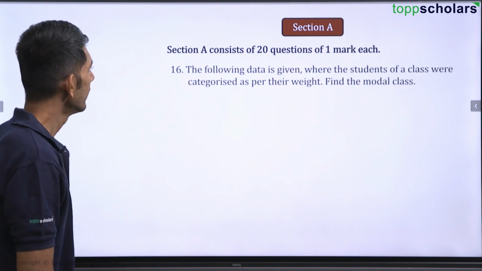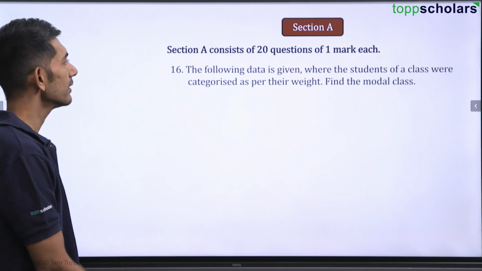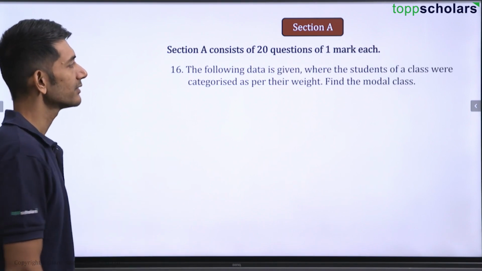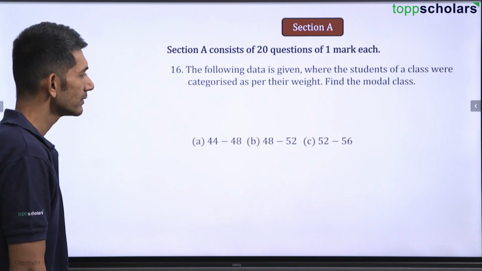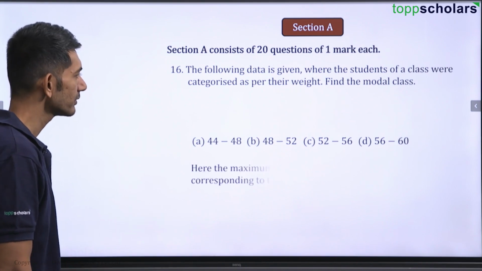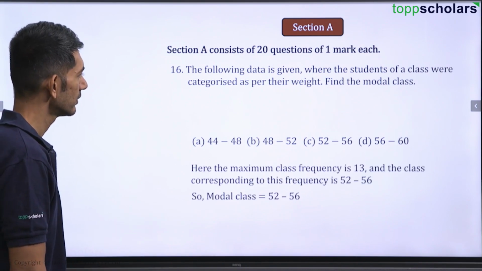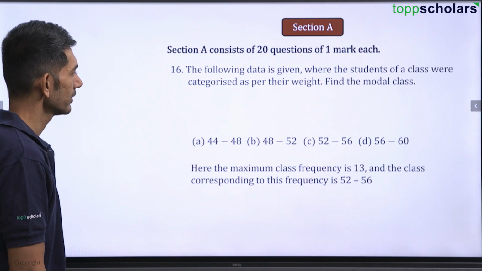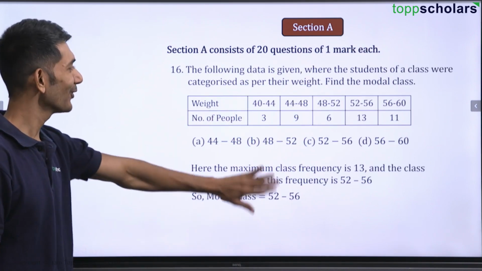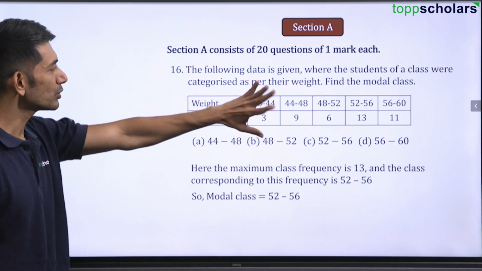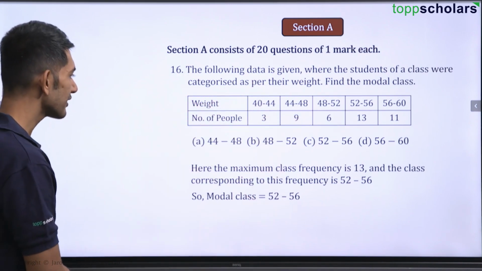Okay. So the next question is find the modal class, right? So we are supposed to find out the modal class and the data is given. So where is the data? These are the options. Okay, so no worries, we should have this first. Still okay, no problem. So we are supposed to find out the modal class. Modal class means what?